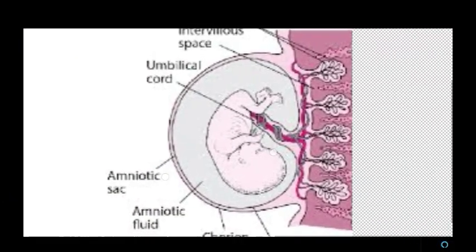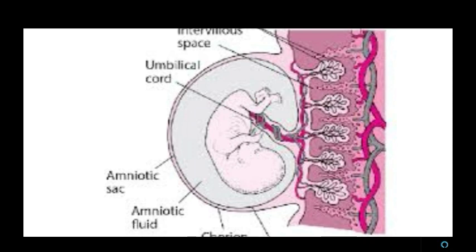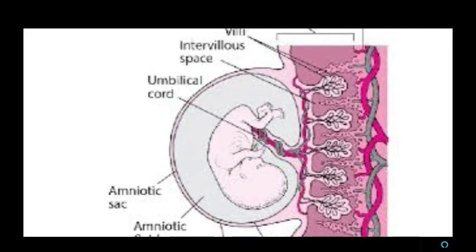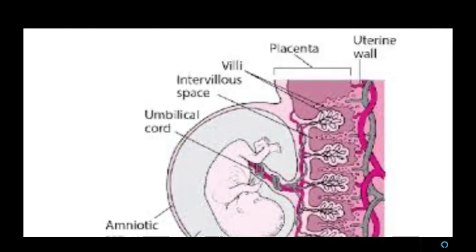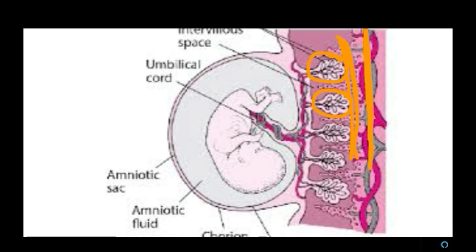If you see this picture, you can understand. These are the chorionic villi. They get embedded inside the endometrium of the uterus. This is the endometrium of the uterus. Here this is the maternal blood vessel, and it passes through here.